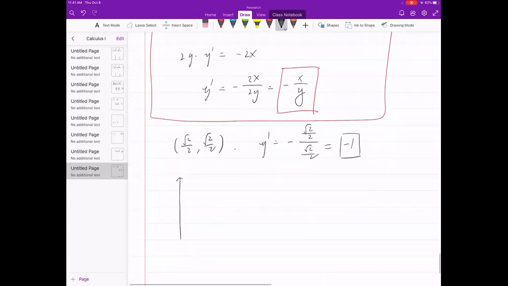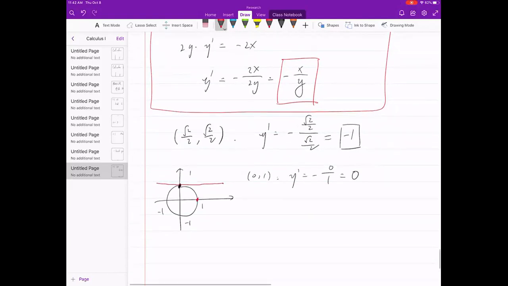You can even try more. What do you think the derivative at the point here, 0, 1? Does it match your expectation? It's horizontal. Okay. Also before, when we do the exams, we say, hey, the changing rate here is vertical up, right? So what you have here should be an infinite changing rate, or let's say undefined.